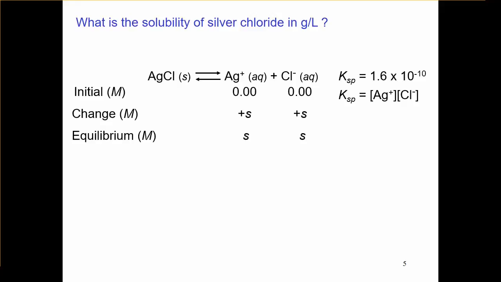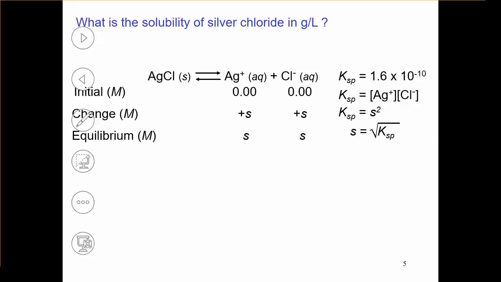Like I said, we're going to use S instead of X for solubility. So here we're going to say plus S, and at equilibrium we'll have S and S. And so our KSP is equal to S squared, which is silver times chlorine. So S is simply equal to the square root of the KSP.